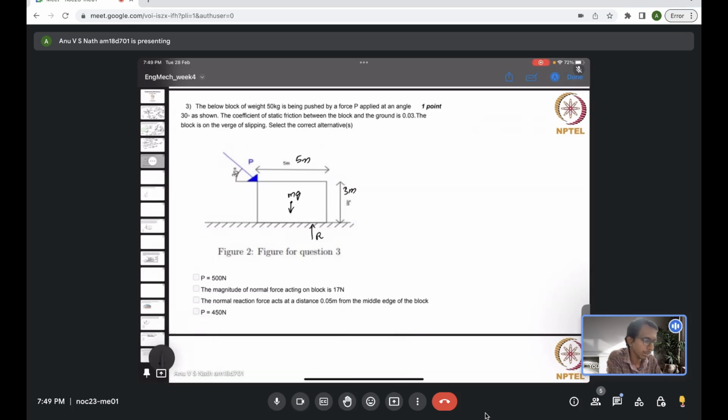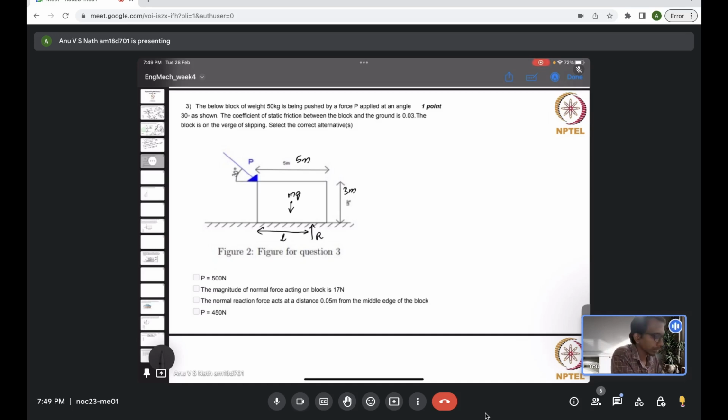We really don't know what the distance is. Let us call that distance L. We'll come back to what the value of L is. I think it's better we measure this distance from this edge and call that L.